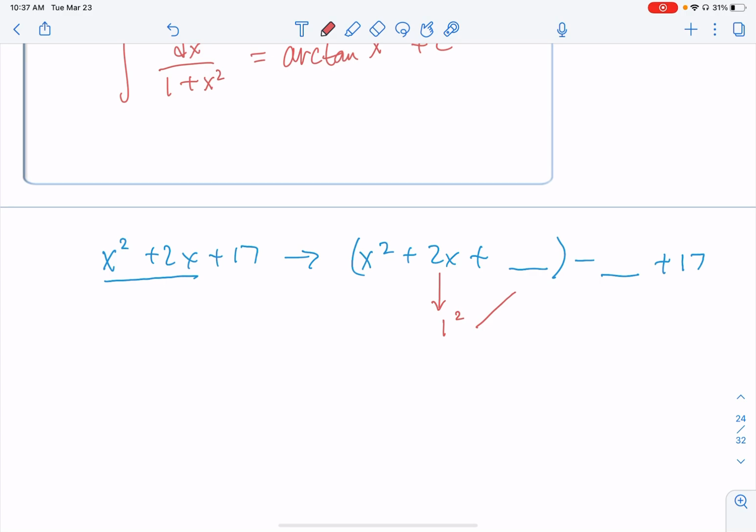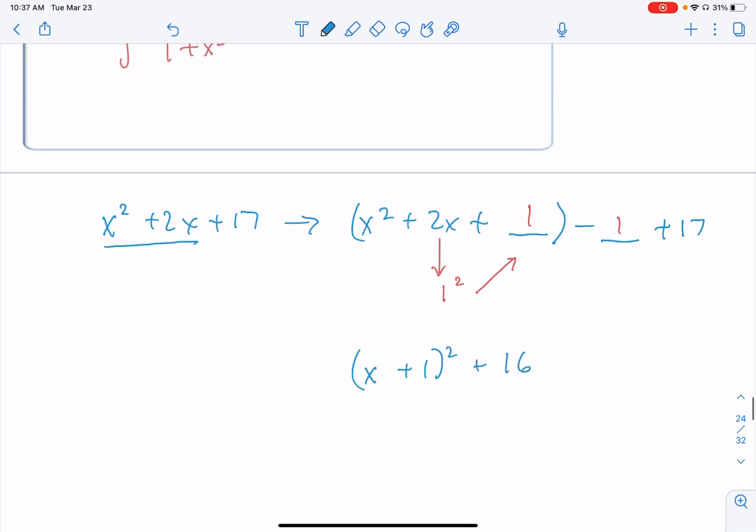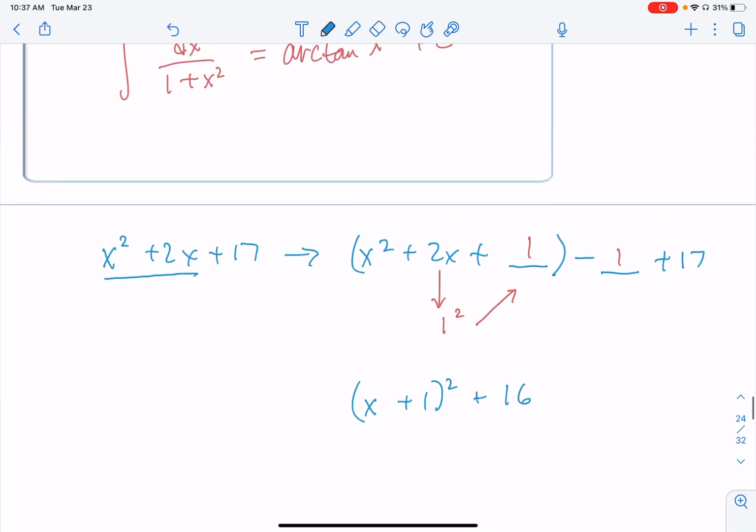We square that guy and we get a 1. So I only added a 1. To keep this balanced, I'm going to have to subtract that 1. And now rewrite this. It is an x plus 1 quantity squared, and then plus 16 when I combine these two things together.